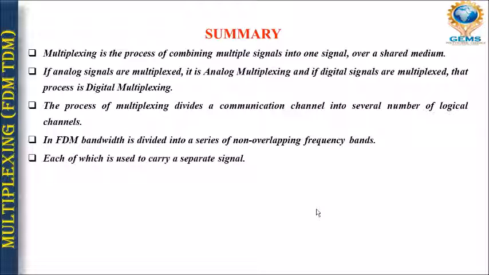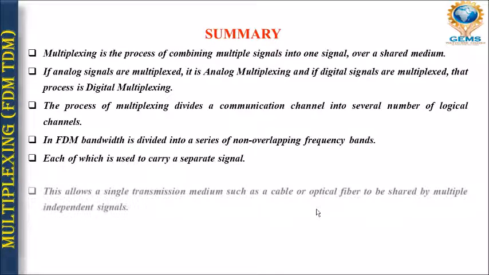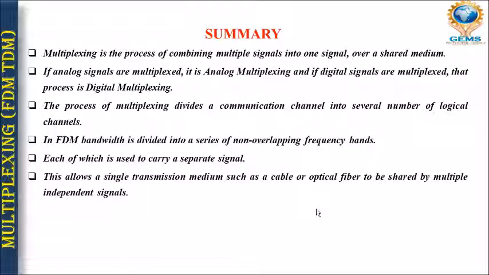Each of these signals is used to carry some information or message or baseband signals, and that is why it is known as the carrier signal, right? This allows a single transmission medium such as cable or fiber optics to be shared by multiple independent signals. Basically, it is used in time division multiplexing.